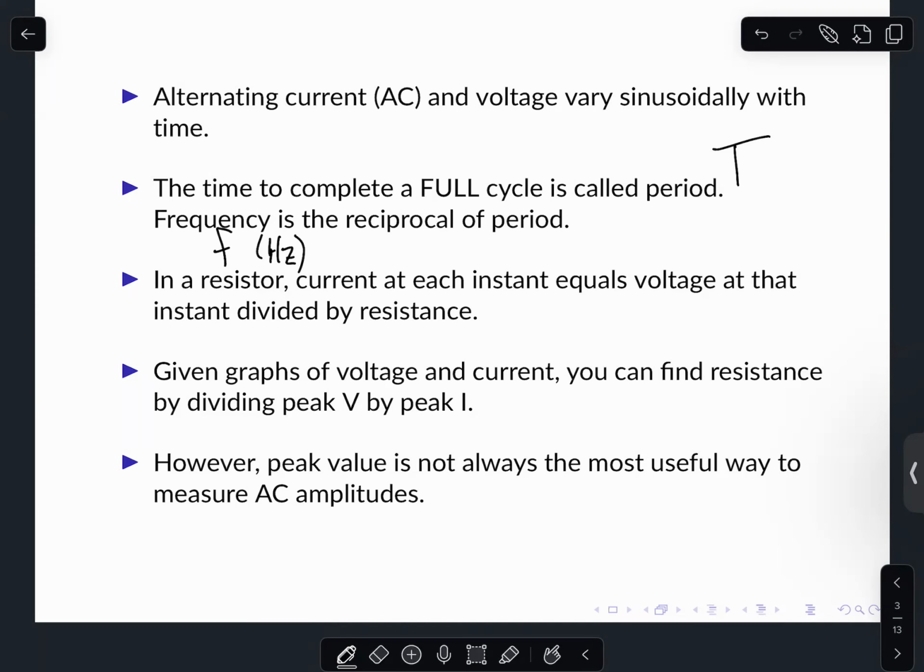Okay. In a resistor, current at any given instant is the voltage applied to that resistor divided by the resistance of that resistor. If you apply a sine wave voltage to a resistor, you will observe in it a sine wave current flows. When the sine wave is at its middle, no voltage, no current flows.